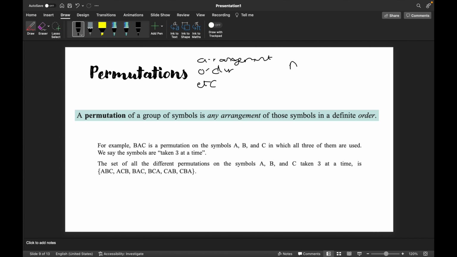So imagine we have A, B, C. Let's just take a very simple example. Let's say we take two and we arrange them. So let's say A, B, B, C, A, C. This is the combinations, three. You can't do anything else. Even if you choose B and A, you're going to end up with the same thing.